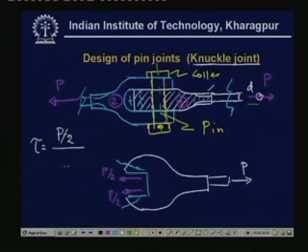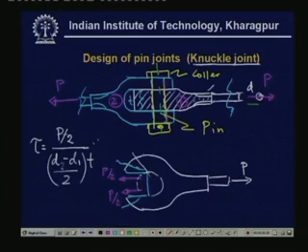and this length, although it may look complicated, but making some approximations, this length could be taken as the same, that is, this one can be taken to be the radial length, which is equal to d2 minus d1 by 2 times T. So this is the shear stress.